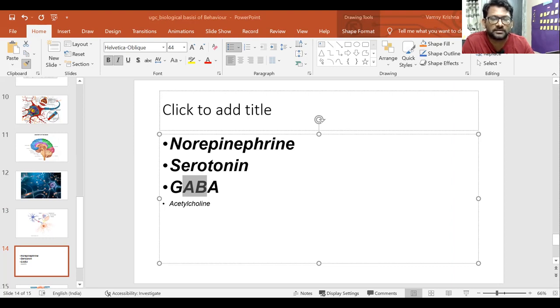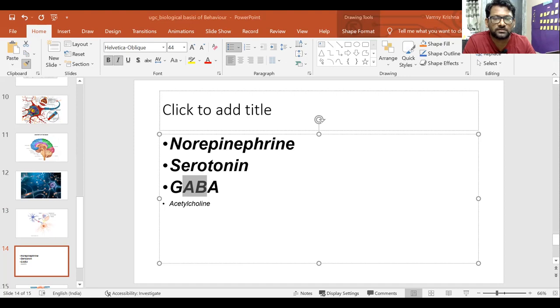Glutamate and aspartate are amino acids which help stimulate receptors associated with learning and memory.